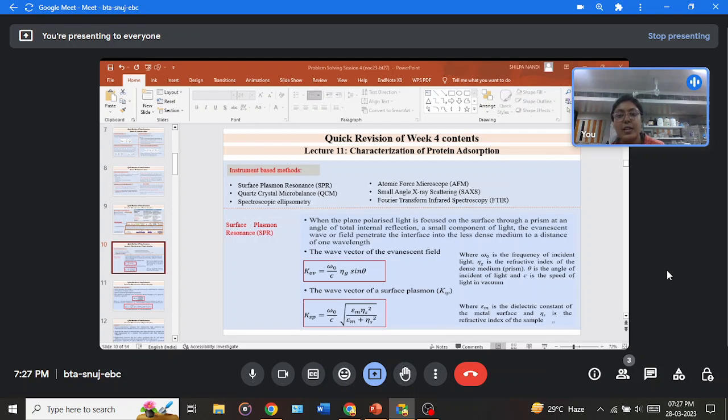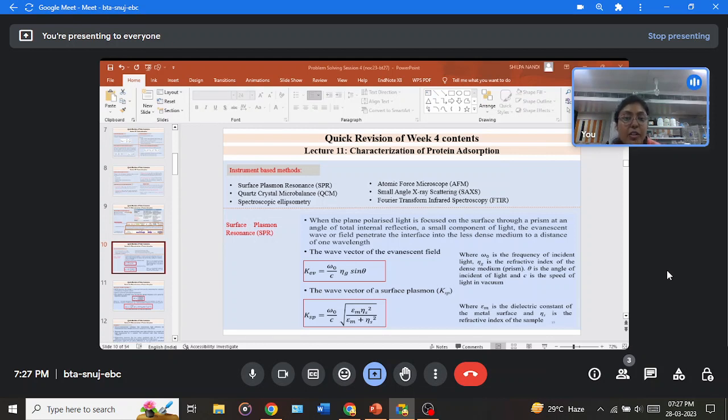First is surface plasmon resonance. So in this case, when the plane polarized light is focused on the surface through a prism at a particular angle of total internal reflection, a small component of light, that is an evanescent wave or field, penetrates the interface into the less dense medium to a distance of one wavelength.